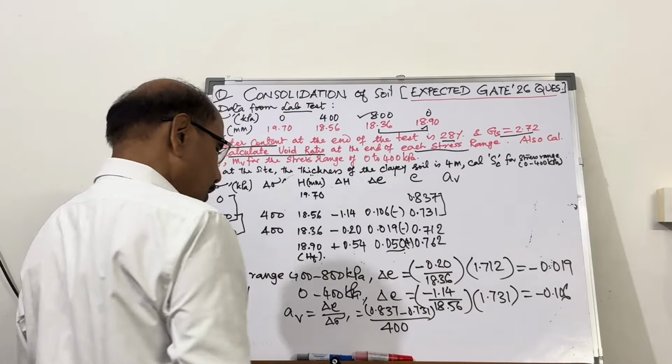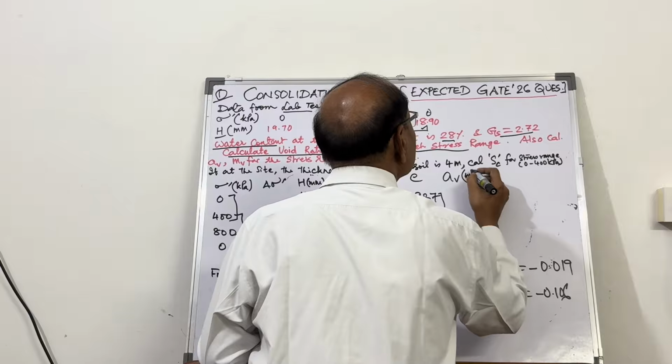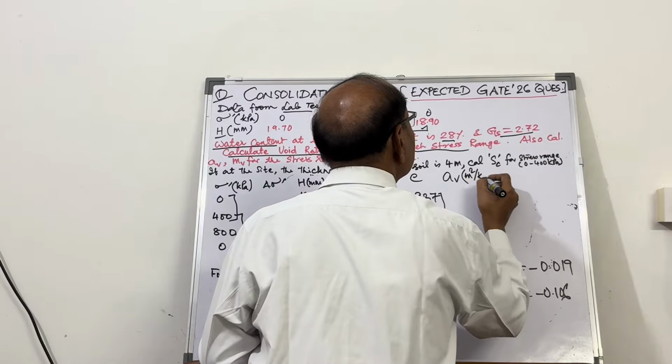You can calculate this and get the value of AV. So what is the value of AV that we can calculate and show it to you? So if we calculate 0.106 divided by 400, 2.65 into 10 raised to minus 4, and its unit will be meter square per kilonewton.